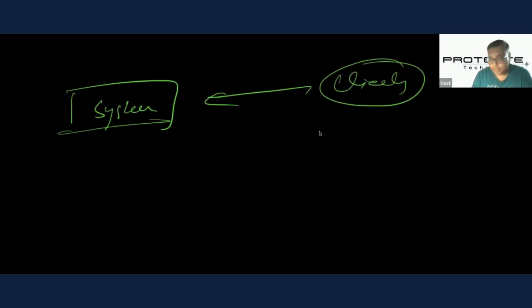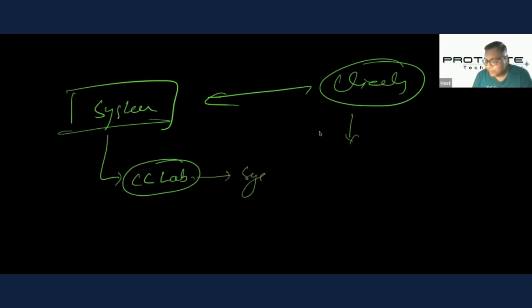But clients do not have the requisite wherewithal or resources to find out whether that system meets their requirements securely. I'm buying a laptop, I don't know what is built in. So to get that trust, I go to a common criteria lab and I get my system evaluated.